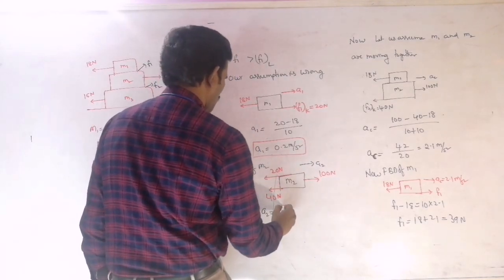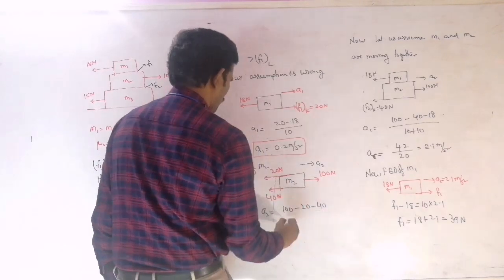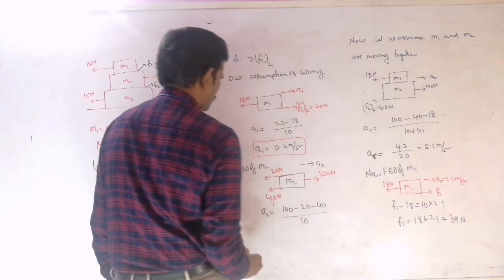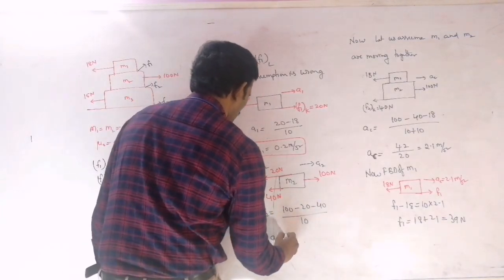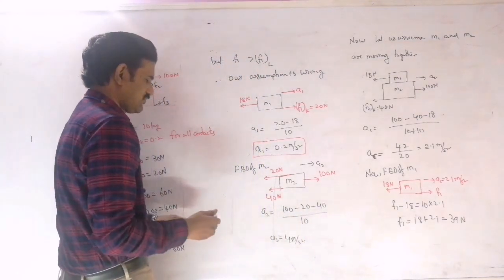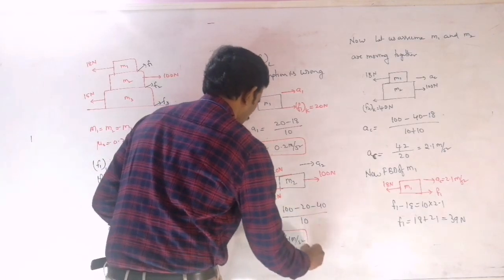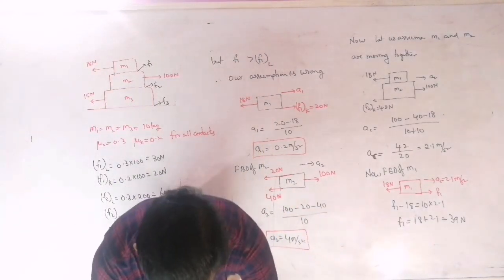Therefore A2 is 100 minus 20 minus 40, divided by 10, which is 40 by 10, so 4 meter per second square. Those are the possible accelerations of the blocks.